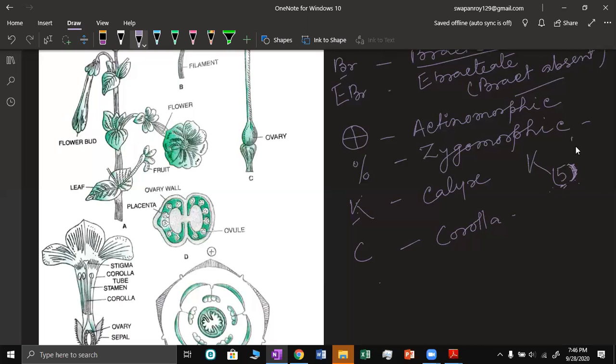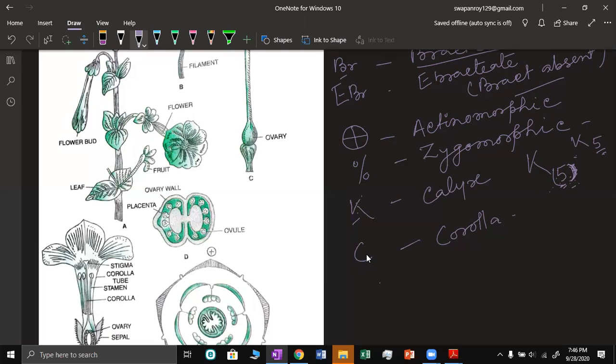So K5 indicates that 5 sepals are there and they are free. But K5 within the bracket indicates that 5 sepals are united, meaning gamosepalous.